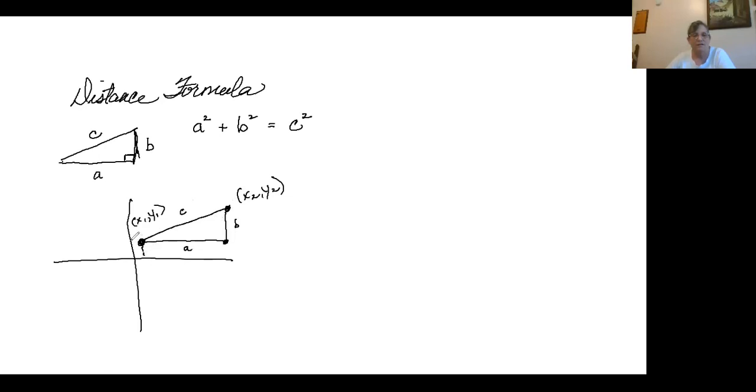This is the point x sub 1, y sub 1. So it might be the point 1, 2, or whatever. It could be negatives, it could be irrational numbers, anything. This is x2, and notice that this is also x sub 2.